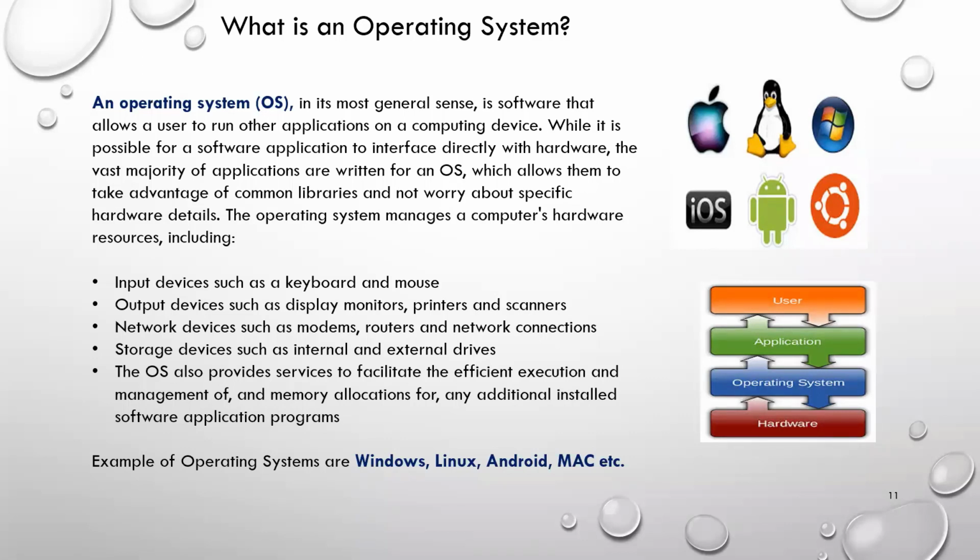So we know what an operating system is. I would not like to explain much, but why do we need an operating system? Because the operating system gives the user flexibility to work with computer hardware in a convenient way, and developers like us don't need to think about which platform my application is really running on.